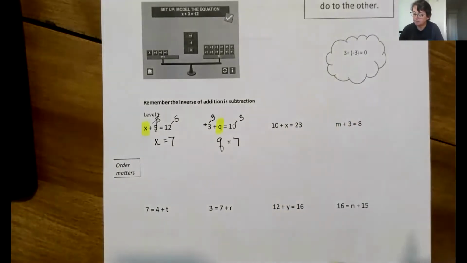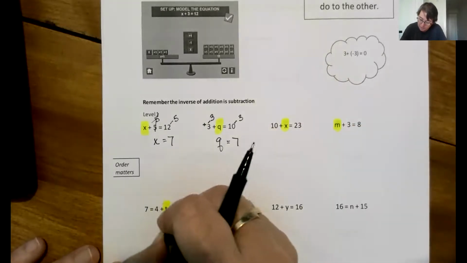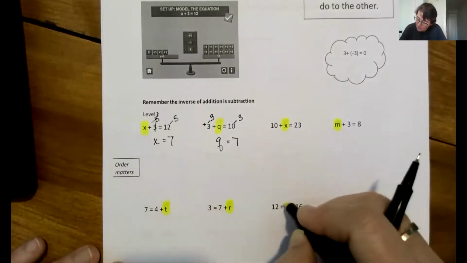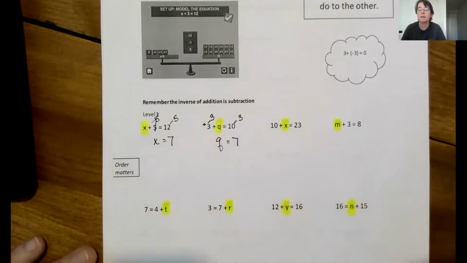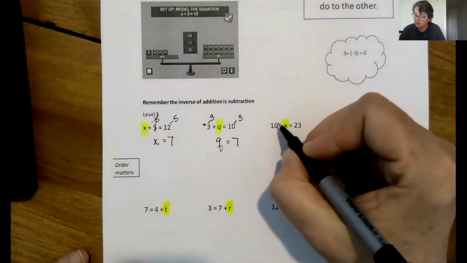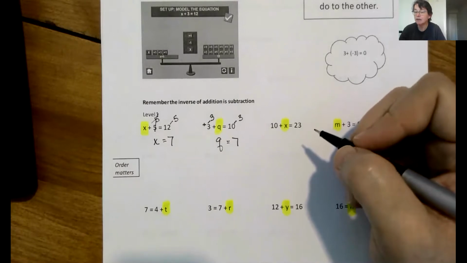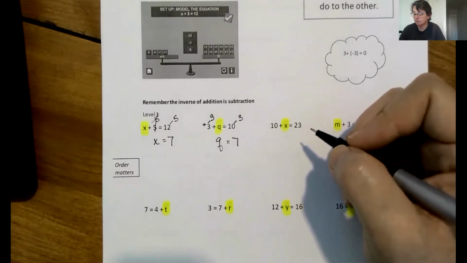I'm just going to take a minute here, and I am going to highlight all of the variables all at once. All right, so on the same side as my x, I need to get rid of this 10 because for an equation to be solved, it needs to be positive all by itself.